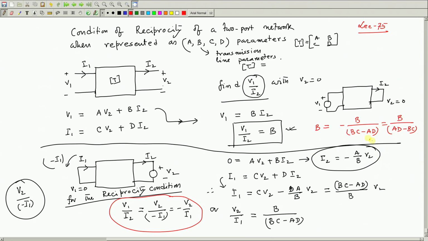B, B goes, and I will say AD minus BC should be equal to 1, that is the condition.